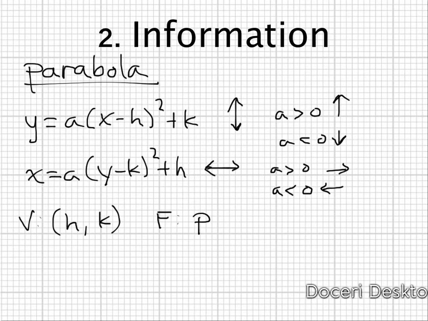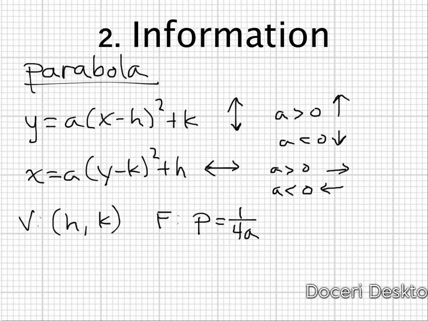To get that p, I'm going to look at 1 over 4a. So whatever my value for a is, I multiply that by 4 and then divide it into 1, and that's the distance from the vertex to my focus. I'll show you an example of this pretty soon, but let me just continue.